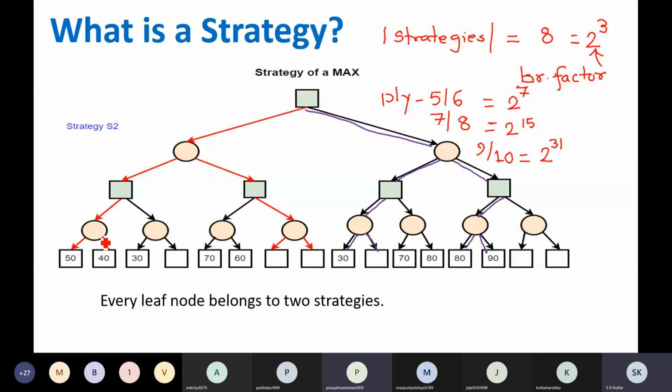Right, there are 16 leaf nodes. 1, 2, 3, up to this last one, 16. How many strategies each leaf node belongs to? For example, consider this first leaf node whose value is 50. So how many strategies this leaf node having value 50 will belong to? Answer carefully.